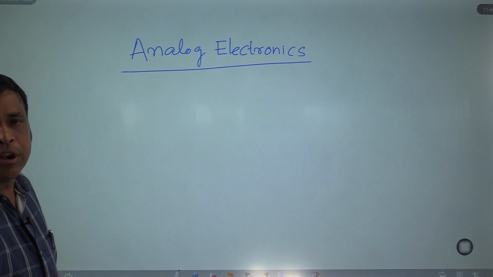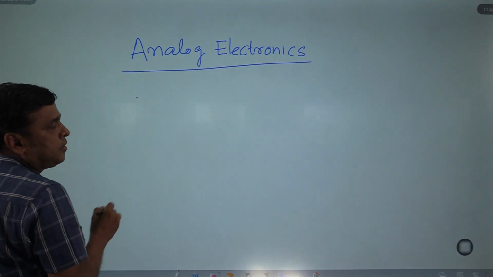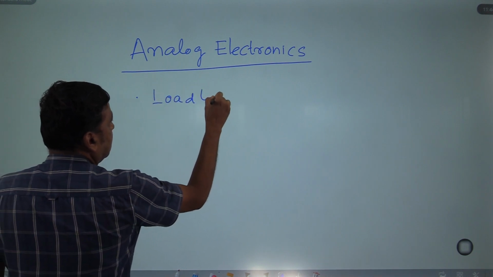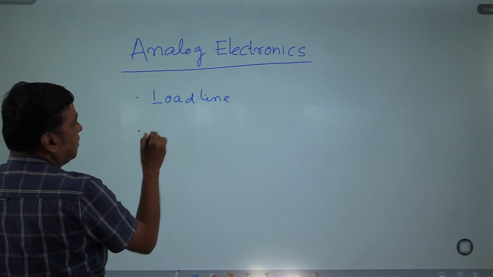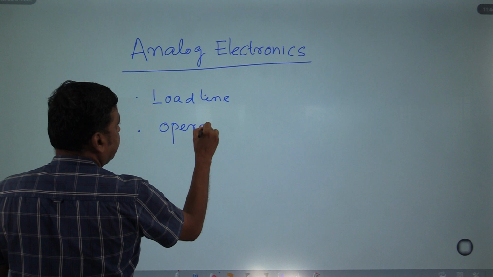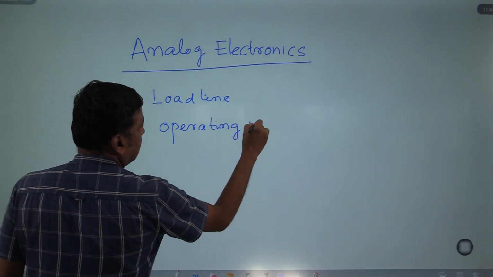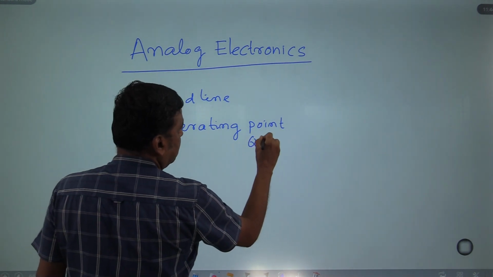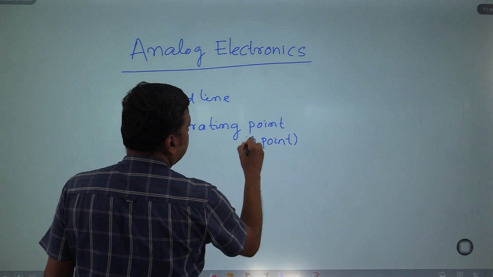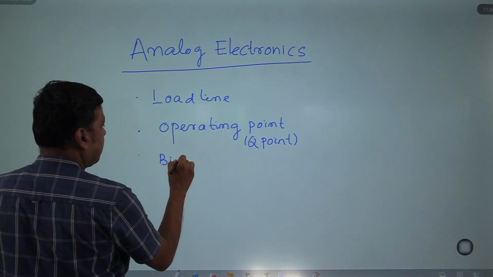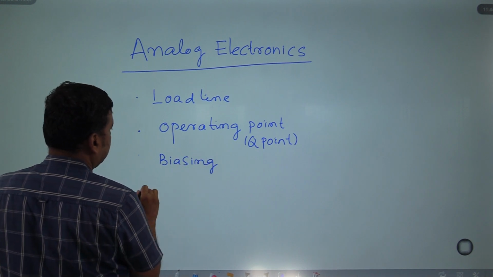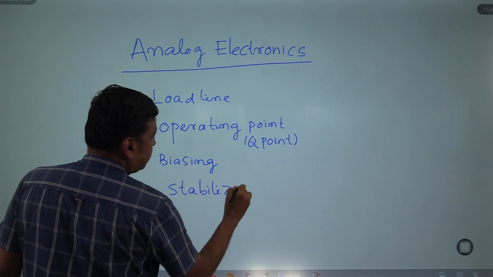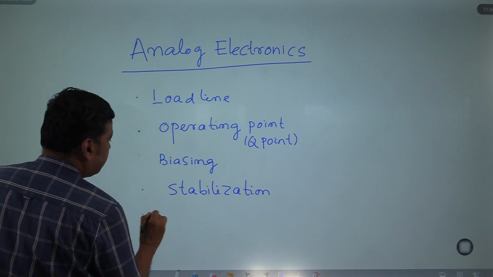In analog electronics, we will first cover the basics: what is load line, operating point, or we may say Q point, biasing, stabilization, then stability factor.